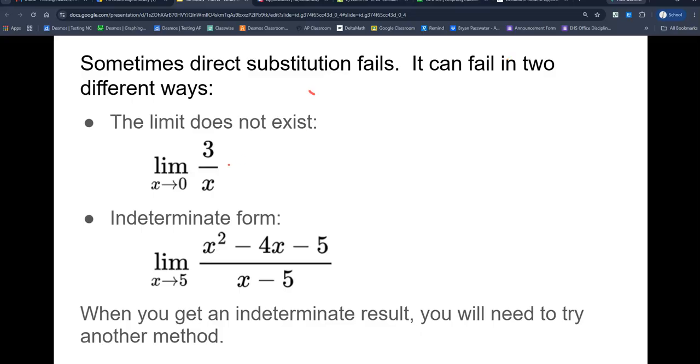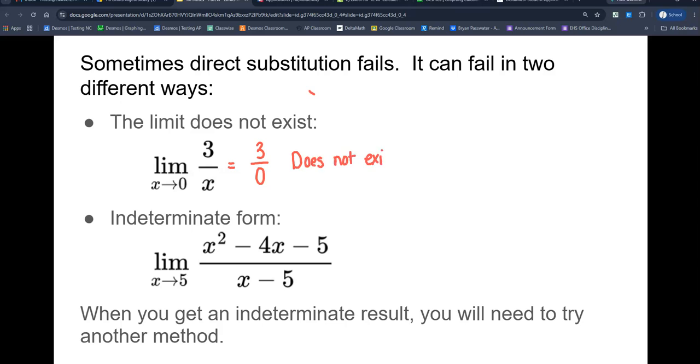So for example here, if you try direct substitution, you are going to get 3 divided by 0. If you get any number besides 0 over 0, you are going to say does not exist.